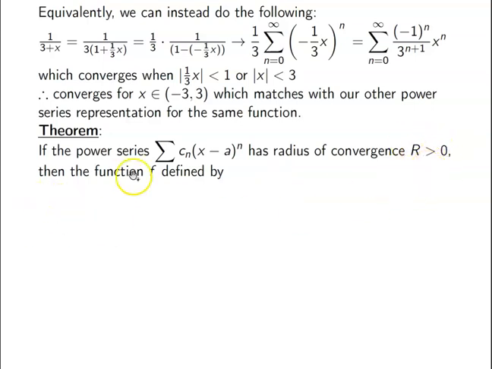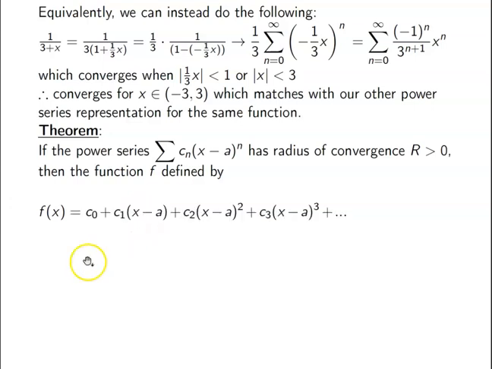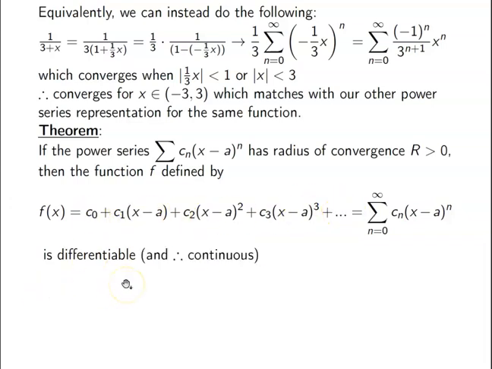Then the function f that is defined by this power series representation centered at a, okay, can be written in this form, right? So I have my coefficients centered at a, and my powers for x continue to increase. This is going to be differentiable, which makes sense because this power series representation is a polynomial, right?